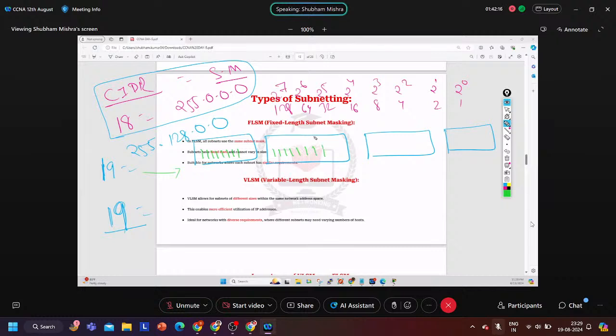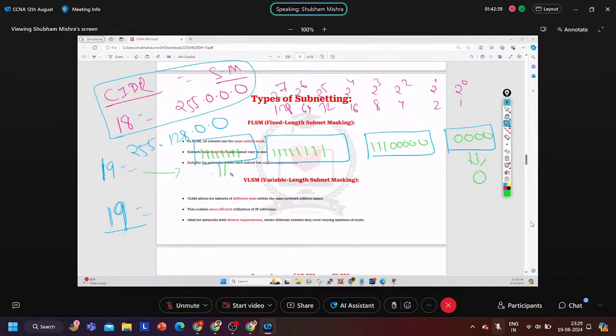This octet is now filled. Next, 1, 2, 3, 4, 5, 6, 7, 8. This octet is now filled. It means total how many bits did we use? 8 plus 8, 16 used. Now how many are left? Still 3. So 1, 2, 3. The rest are 0. It means in this octet all the fields are 0, so the overall value is 0.